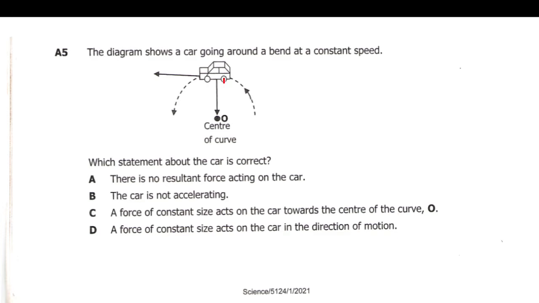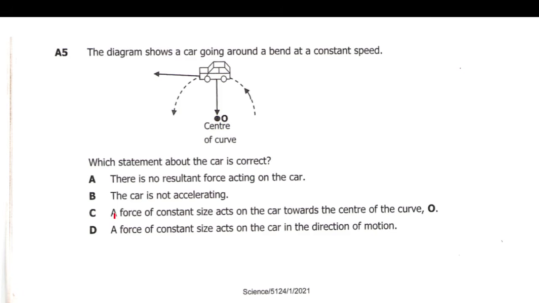So for this car to continue moving in a circular path, there must be a force causing it to move in that circular path. That force is constantly acting on it to maintain the circular path, and it points to the center.